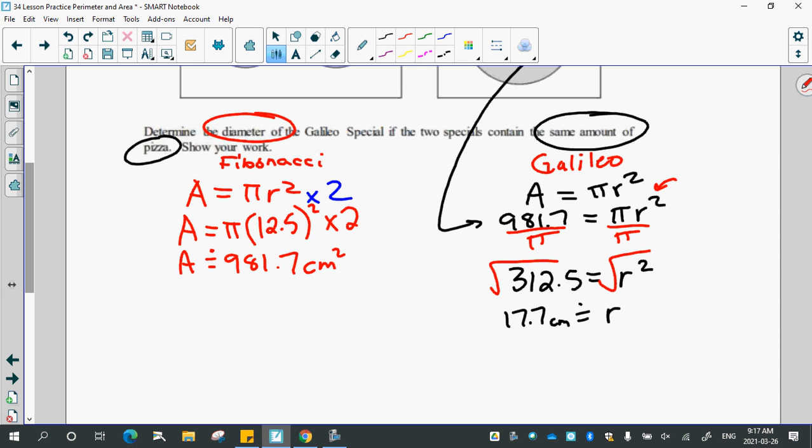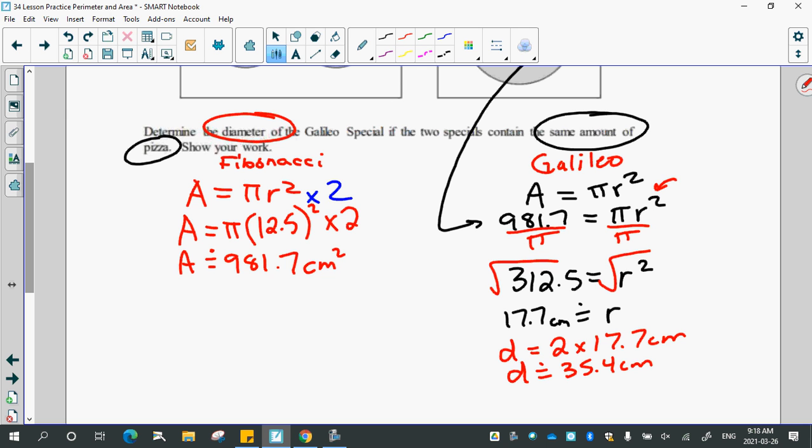They want the diameter of the Galileo special. So if I know the radius, the diameter is going to be 2 times the radius, which is approximately 35.4 centimeters. Okay? Nice.